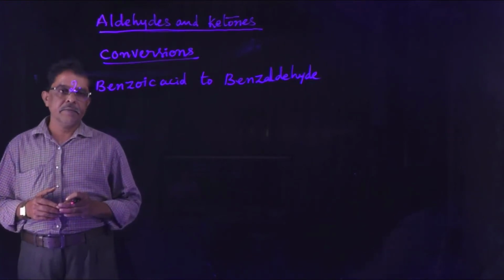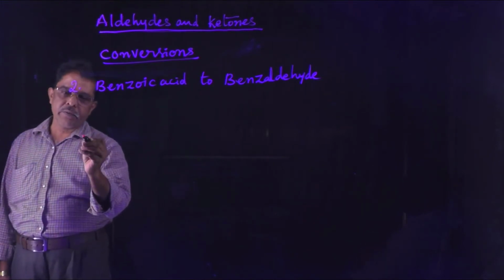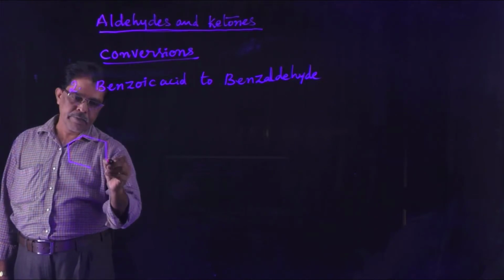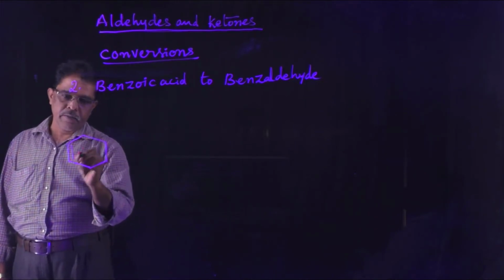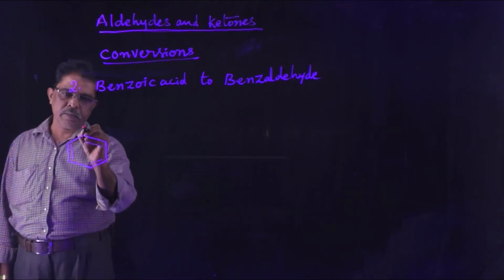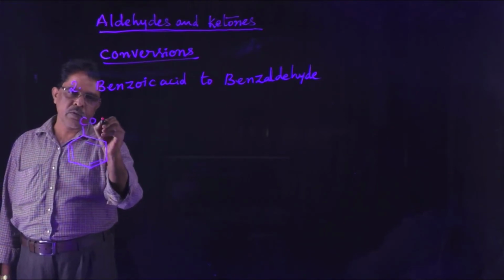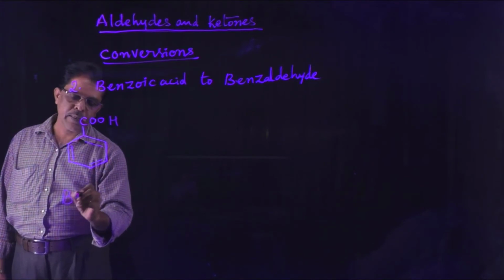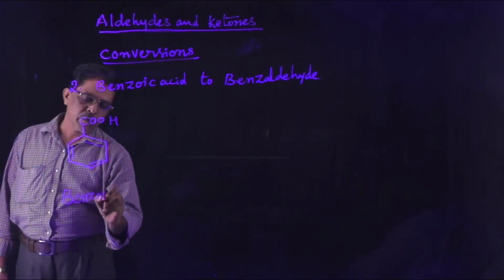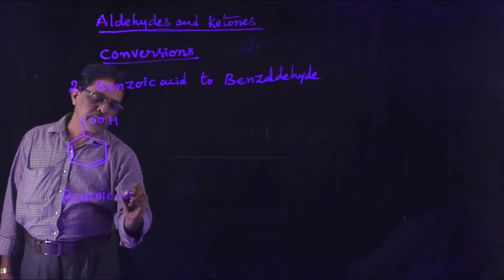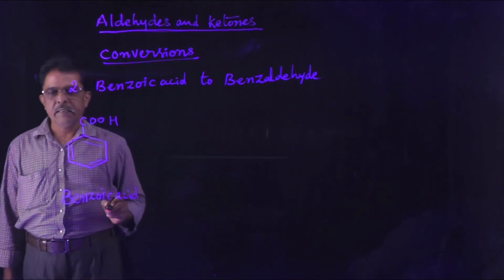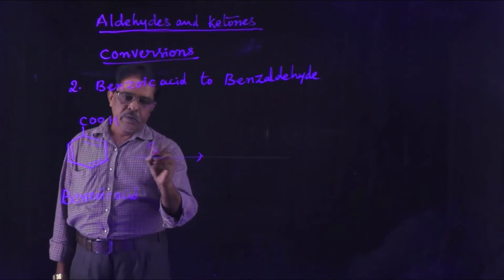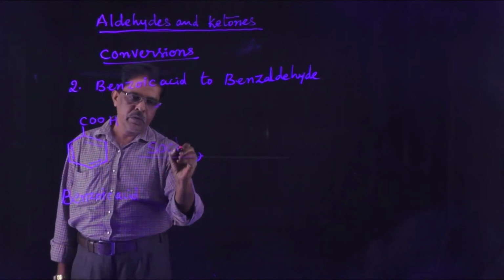This is the benzoic acid formula, you know very well. Here the benzene ring, right, with alternating three pi bonds, which has a carboxylic group. Then we can say it is benzoic acid, right? This benzoic acid I want to first of all convert into benzoyl chloride.